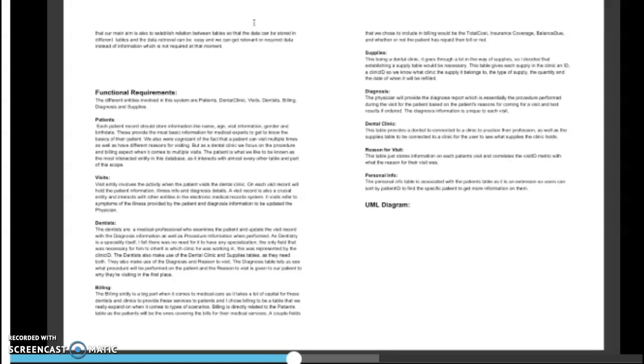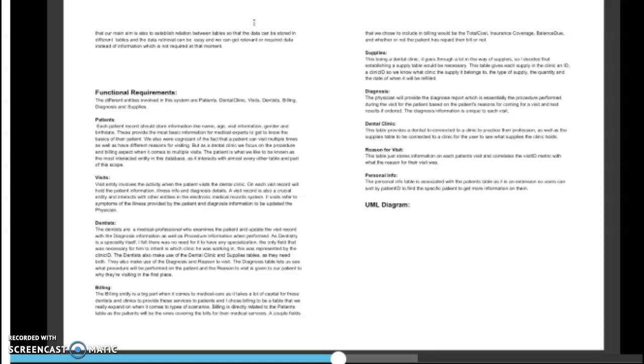I also chose to implement a table for dentists. Dentistry was mostly a specialty, so I didn't add extra tables and pieces of data to elaborate on the dentists. They inherit a lot of basic things like the clinic that they work for, as well as their first name, last name, email, and the phone number for their clinic.